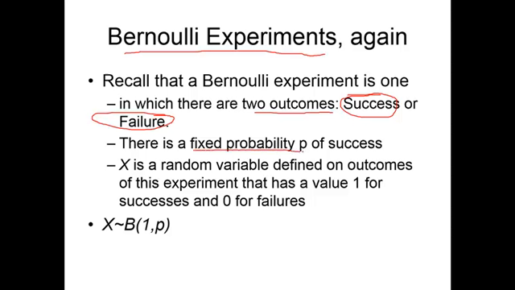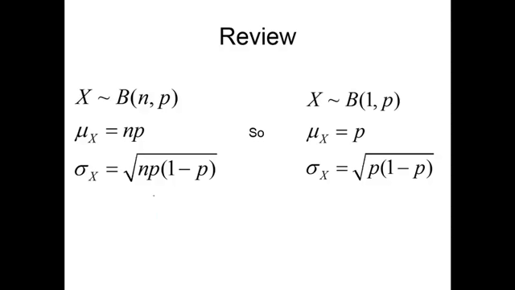There is a fixed probability P of success, and we have a random variable x that is defined on the outcomes of this experiment, with a value of 1 for successes and a value of 0 for failures. Now, here's the thing. This is exactly the same as a binomial experiment with one trial and a probability P of success.